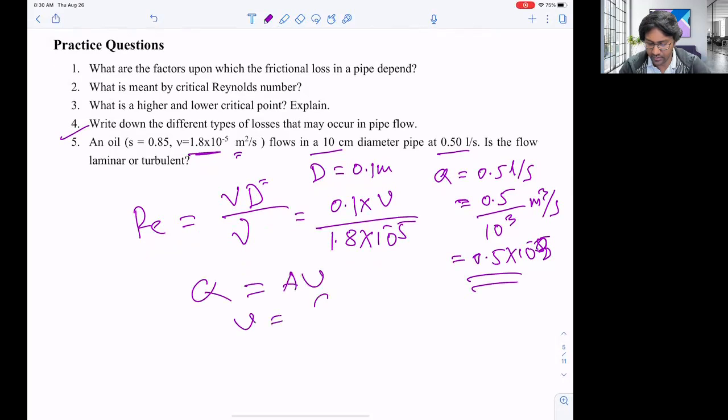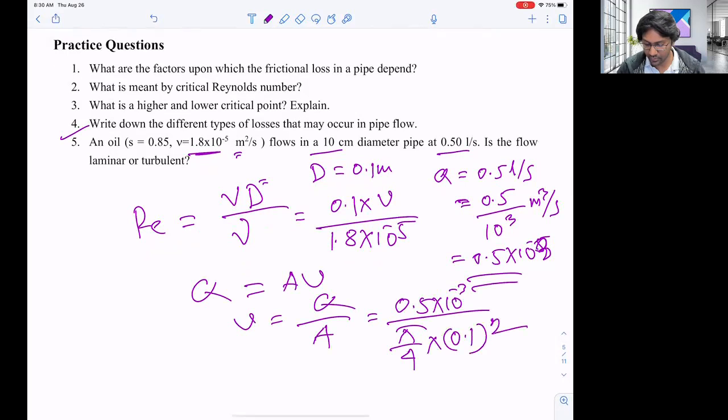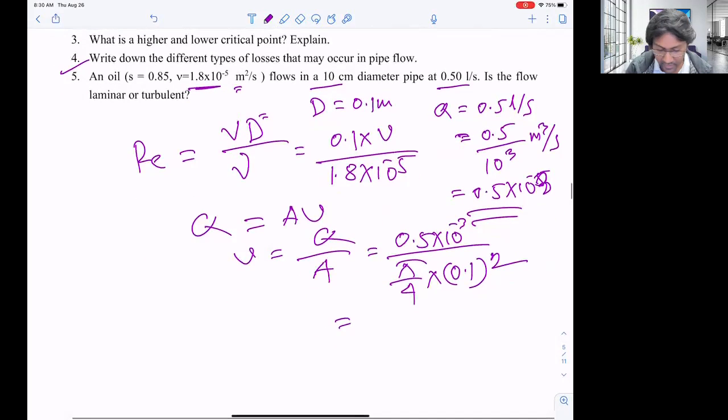So V is equal to Q divided by A, and in order to calculate the value of A, the diameter is given, 0.1 square. So what will be the velocity V? Let me calculate. 3.1416 divided by 4 multiplied by 0.1 squared.